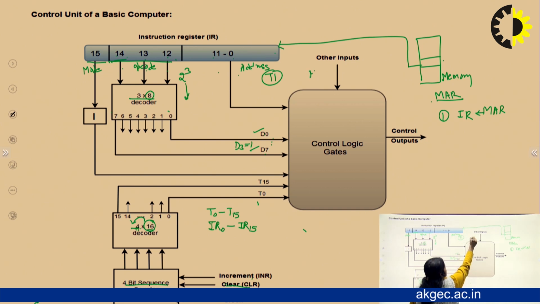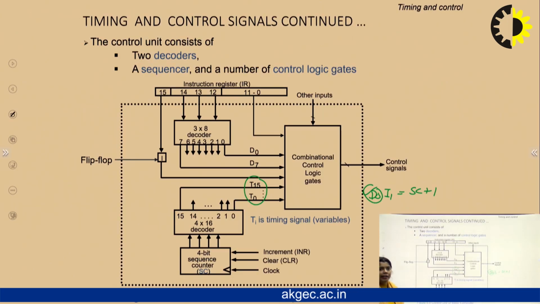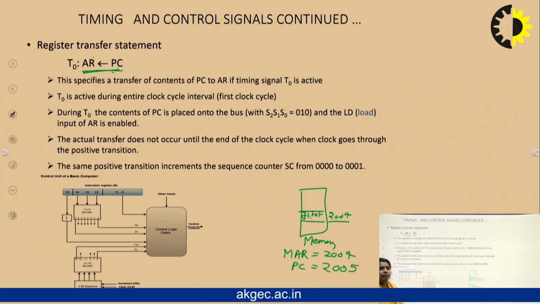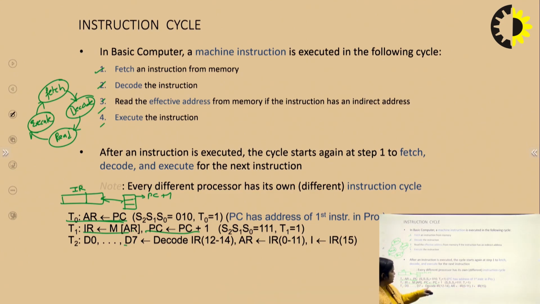At T1 time, you are transferring from MAR to the IR register. At that moment PC will be incremented by 1 because the next instruction is going to be executed.